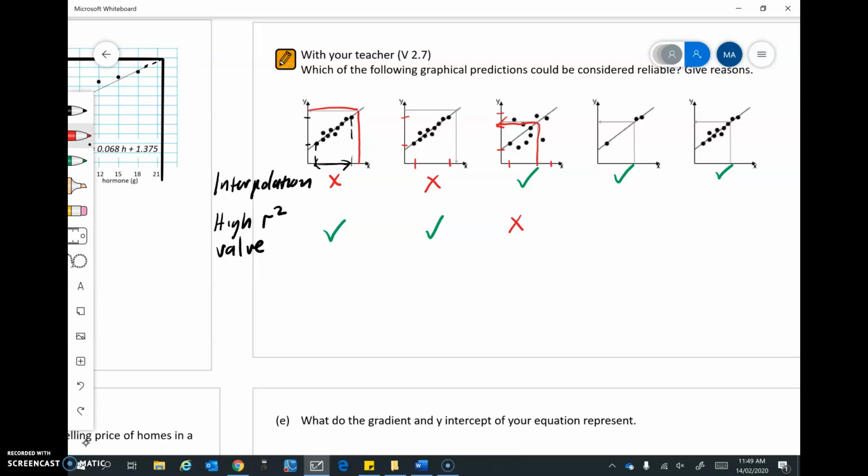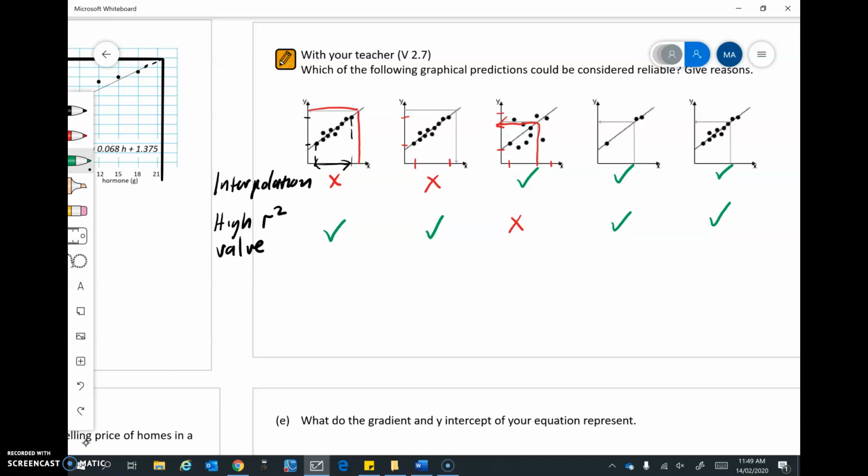This one, the data points do lie quite close to the line of best fit, and they do as well in this one. Just the one of the graphs there has a spread of data points, so probably a lower R squared value. So that's unreliable if the R squared value is not high.